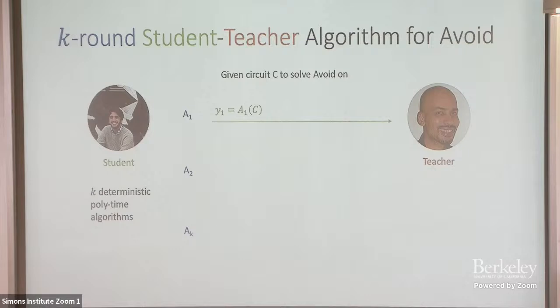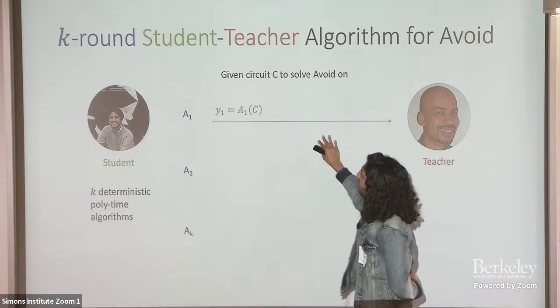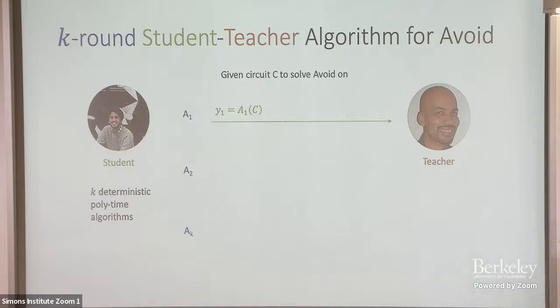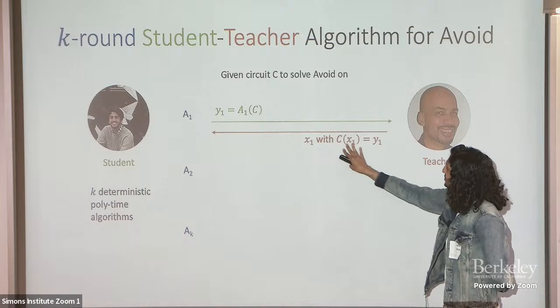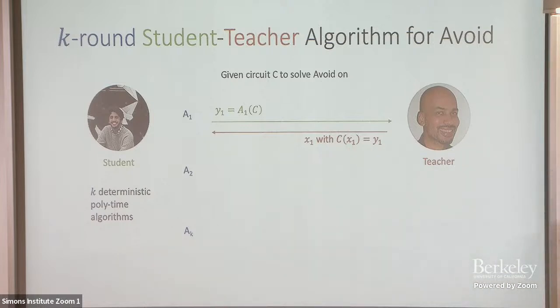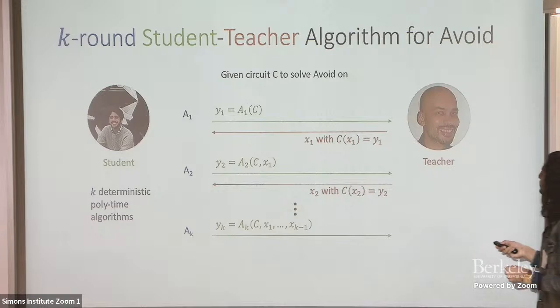The student will look at the circuit and say, hey, I think that Y1 is not in the range of the circuit. Then the very wise teacher will say, well, that was a good try, but actually it is in the range of the circuit, and hands back some X1 which is in the range. The student says, oh, okay, very good. Then, I think Y2 is not in the range of the circuit.